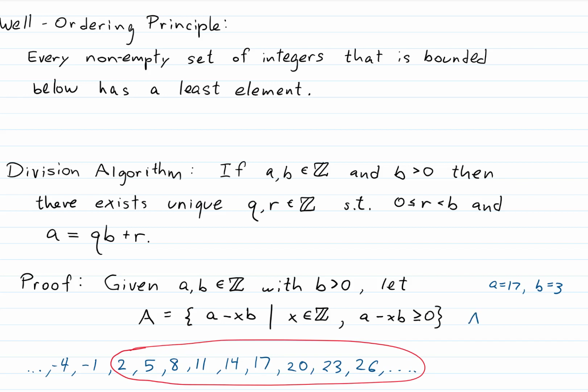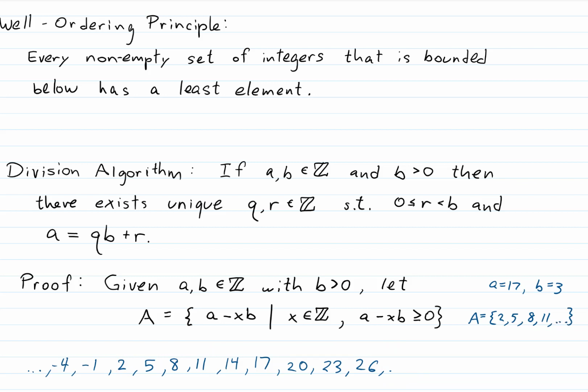Okay, so capital A equals 2, 5, 8, 11, and so on. All right, we'll leave that example there for a minute. Let's get back to our proof.